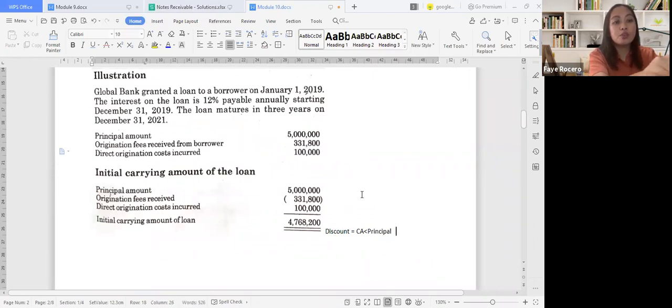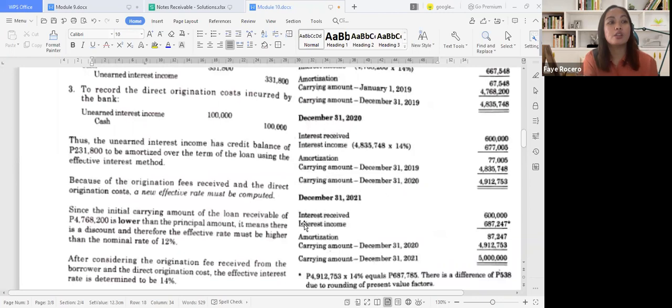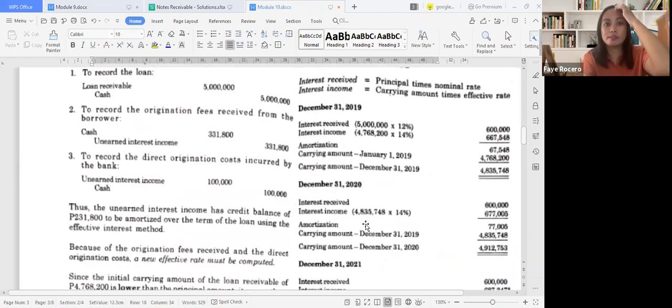As a rule, the new effective rate, of discount versus the nominal rate, mas malaki naman yung effective rate versus the nominal rate.